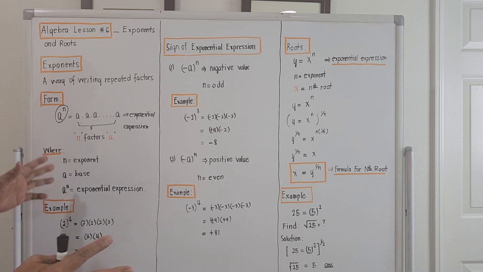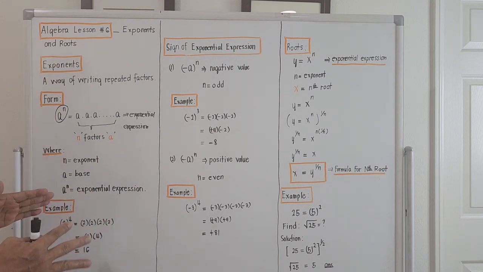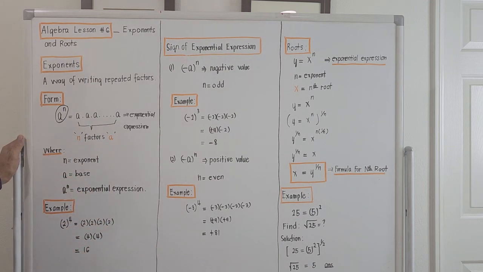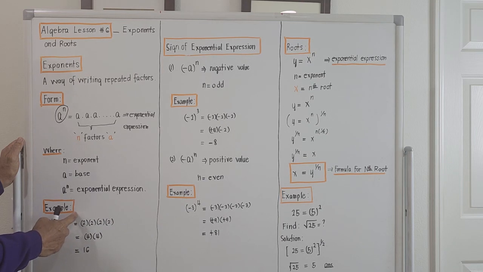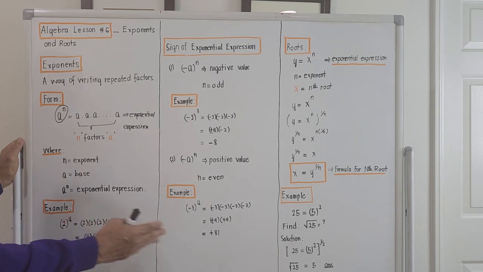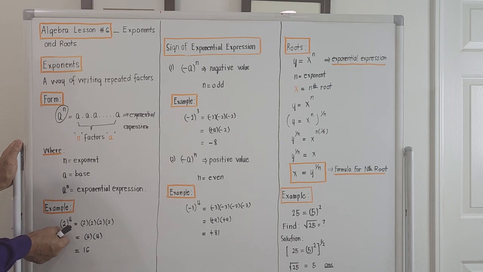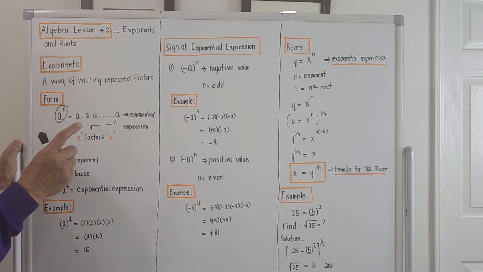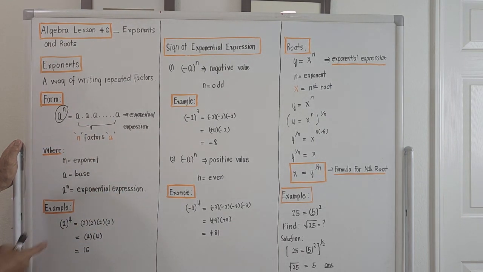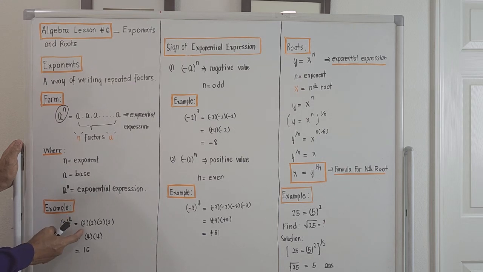An example of this, so we could visualize what an exponential expression is. If I write 2 raised to the 4th power, and we expand this, the meaning is that this 2 here should be multiplied by itself 4 times. That's why this is 4, right? So 1, 2, 3, 4.